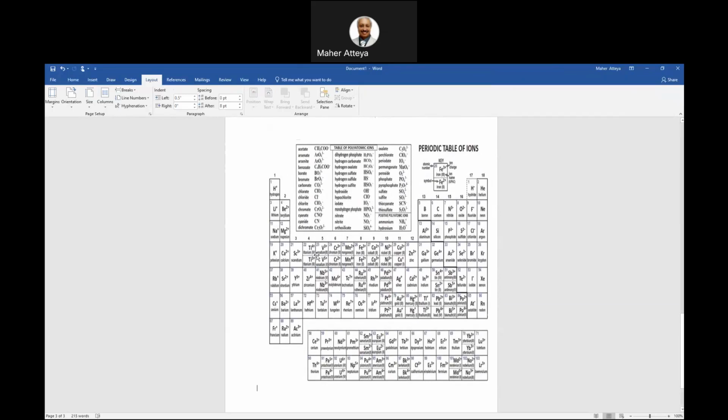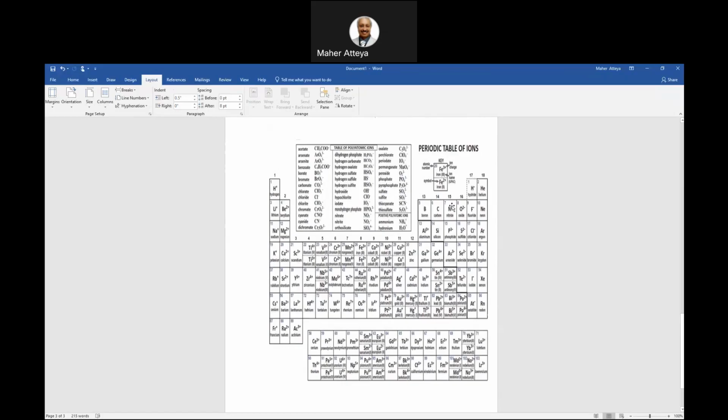Then all the transition elements, we have a problem with them. You will see iron has iron 3+ and iron 2+. Chromium, you have chromium 3+, chromium 2+, and even chromium 6+. Those are charges we really need.